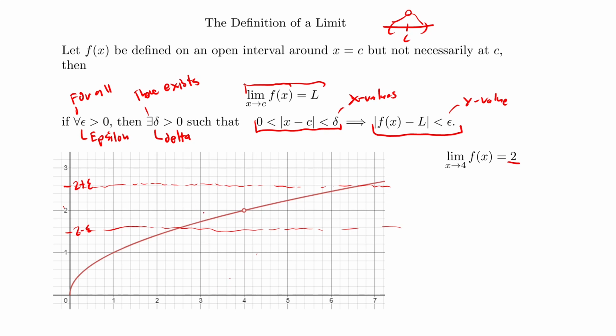Well, then what we're guaranteed is that we can define some x interval around the point 4. Again, not including 4, but around 4. So this is going to be 4 plus delta and 4 minus delta.